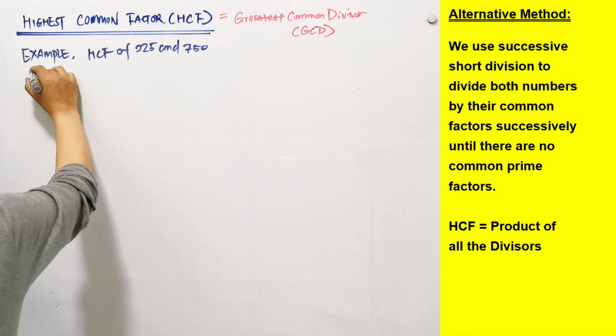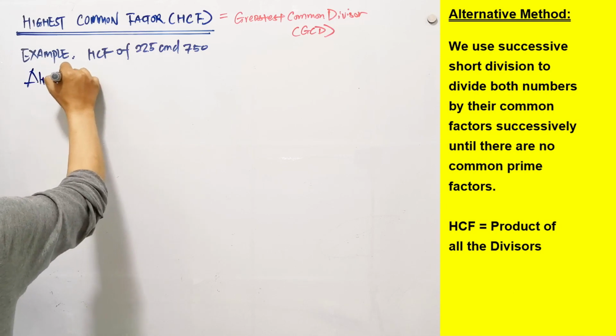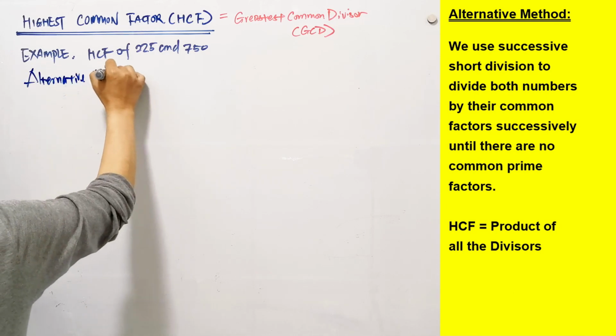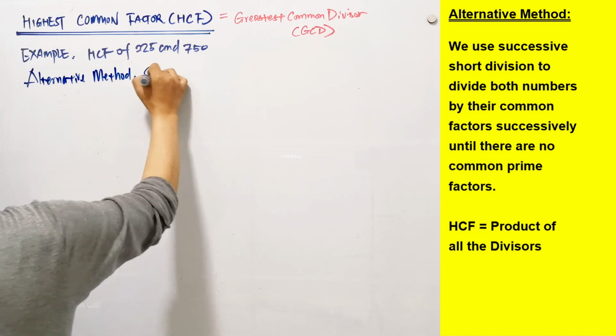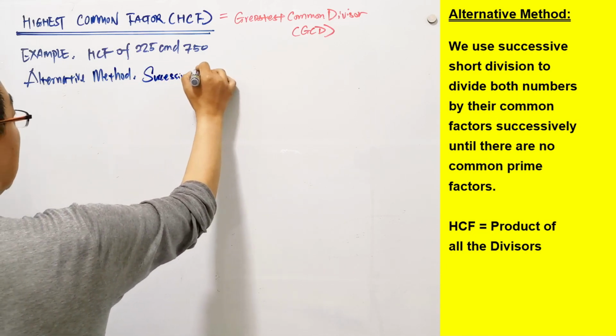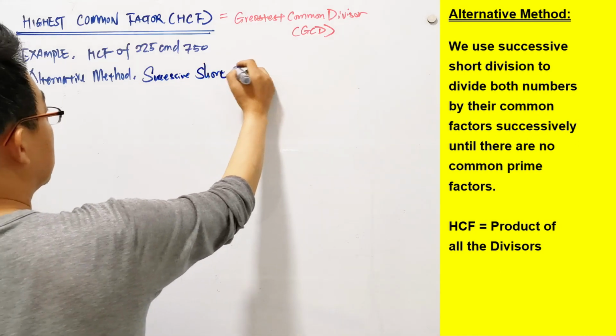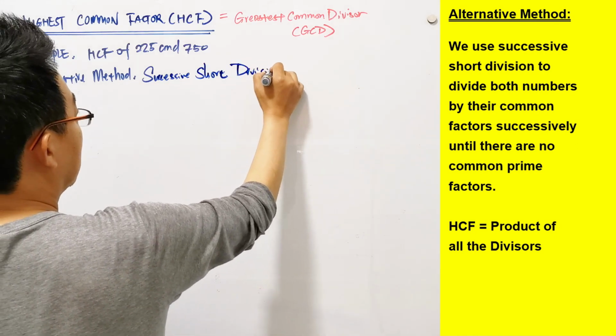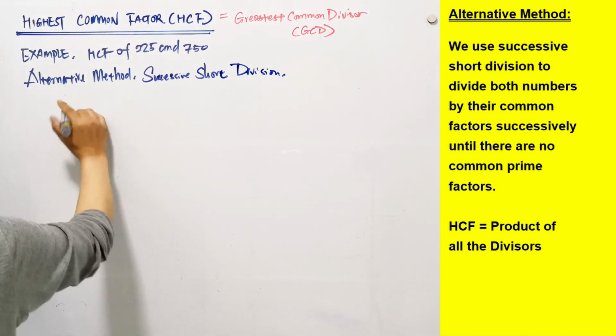So what is the alternative method? Successive short division. So how do we do it?